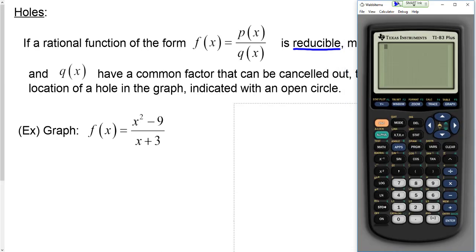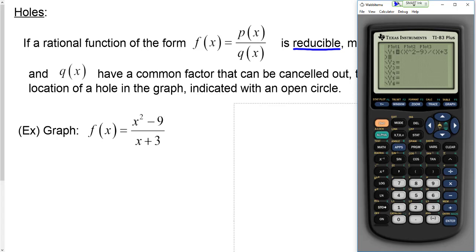So here's the calculator, and what I want to graph here is the equation x squared minus 9 divided by the quantity x plus 3. Now, in class, I often ask students from the beginning, what do you think this graph will look like?